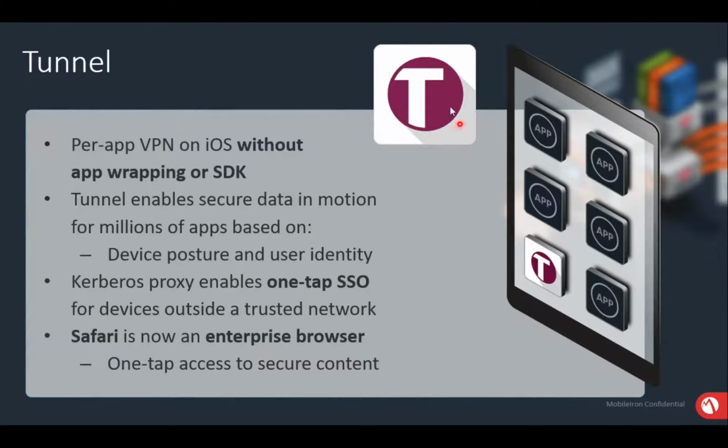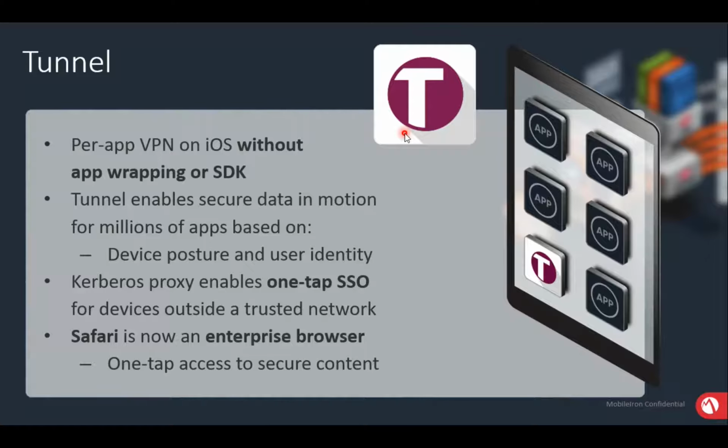And Tunnel also has single sign-on. For example, if you receive an email on your native email, and there is a link to your corporate SharePoint or corporate net application, which requires authentication, Tunnel can be integrated with the Kerberos proxy.